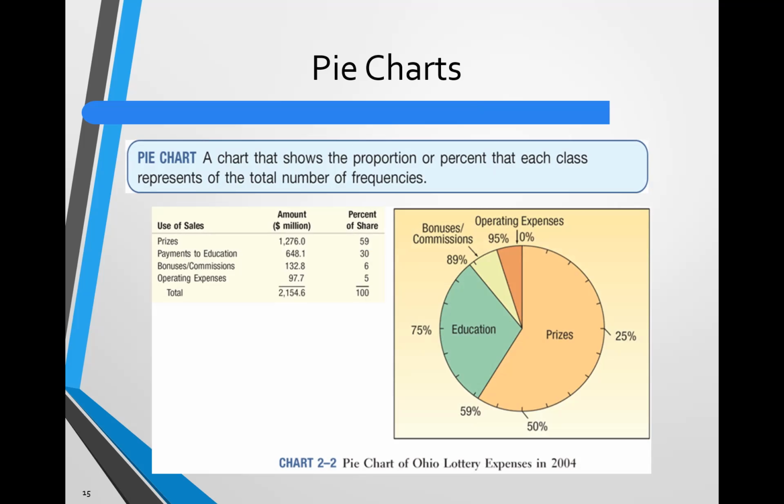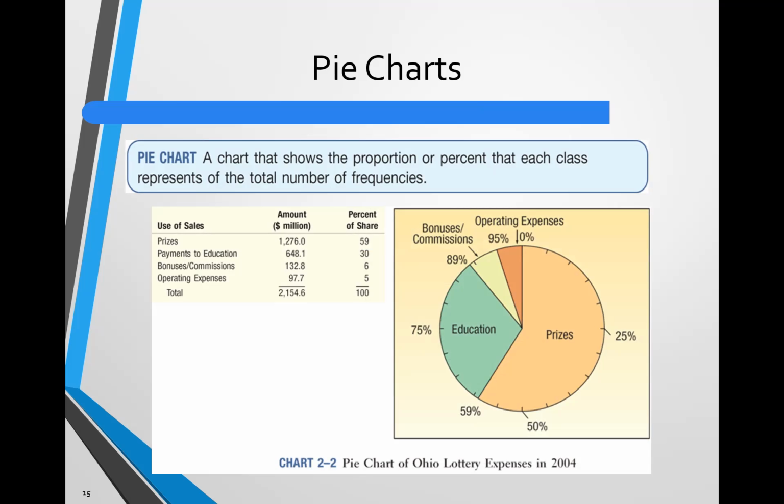This is data of a lottery's expenses. You have a percentage for each class, you can show it on the pie chart, and we can easily understand the portion each class has.